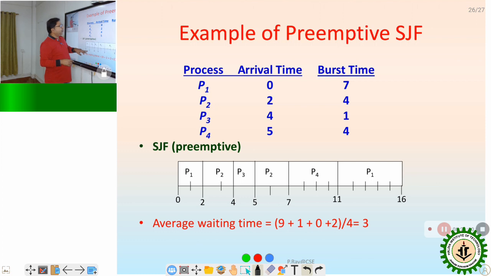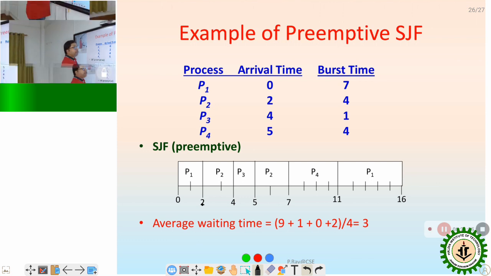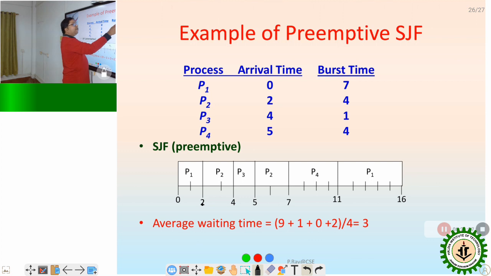At this time, P2 arrived with a burst time of 4. Now what is happening here? P1 executed only 2 units of time, so 5 units remain. Here it is 5 and here it is 4, so the higher priority is P2. Now P2 preempts P1, so P2 will be allocated.